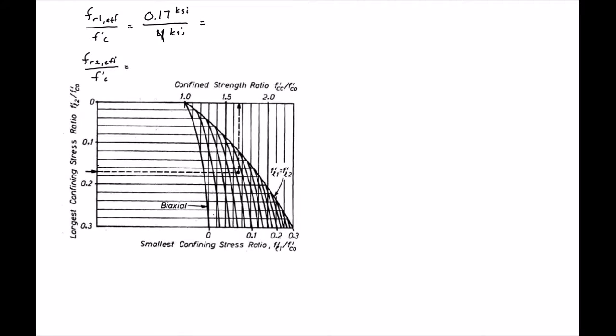And then we'll find this to be 0.043, and then our 0.12 KSI normalized by 4 KSI, which will give us 0.030.